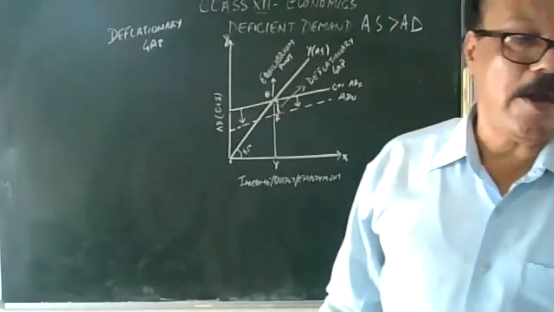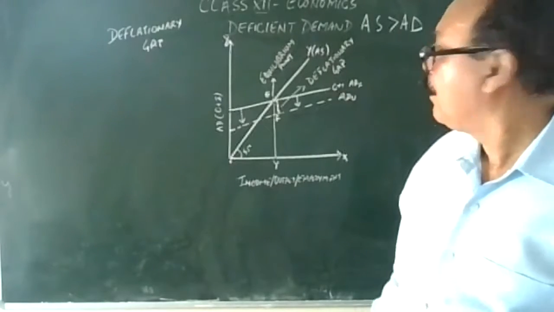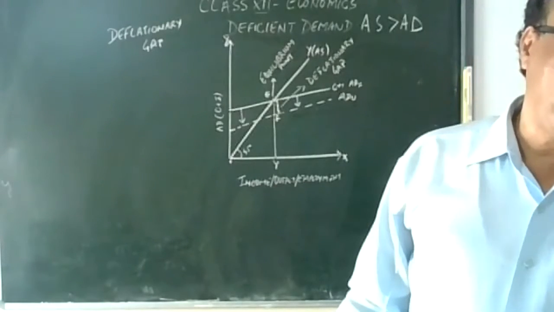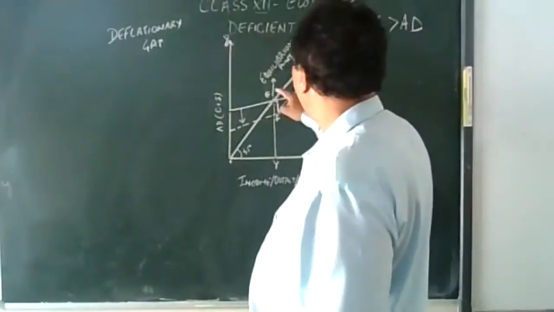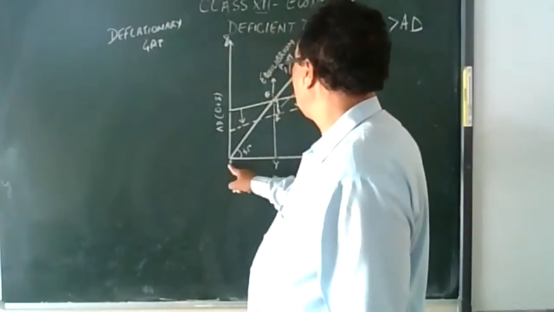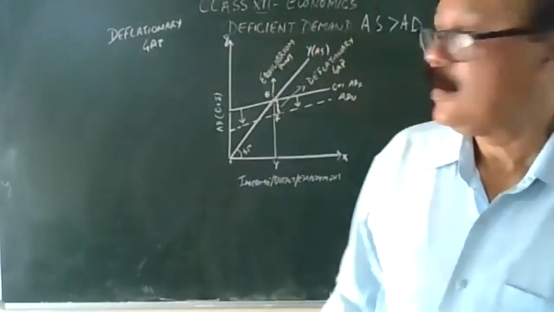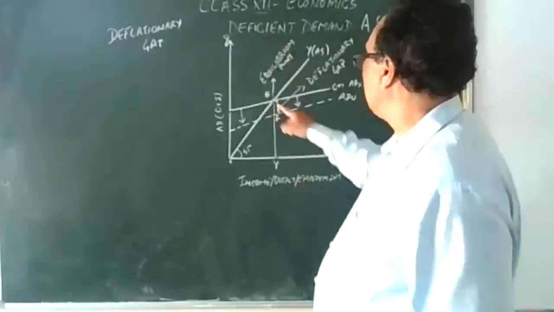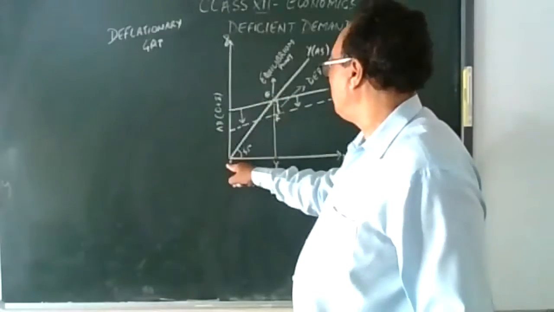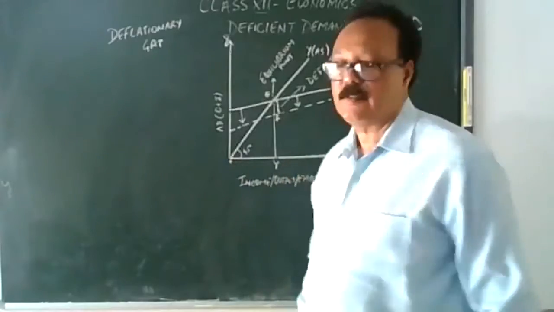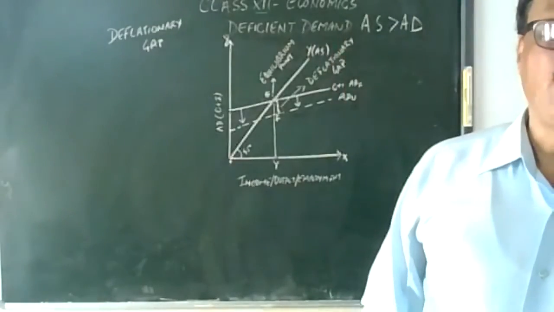Okay. Next point. EY is equal to OY. EY is the AD line. EY, that is equal to AD, equal to OY, which is AS. Next point.